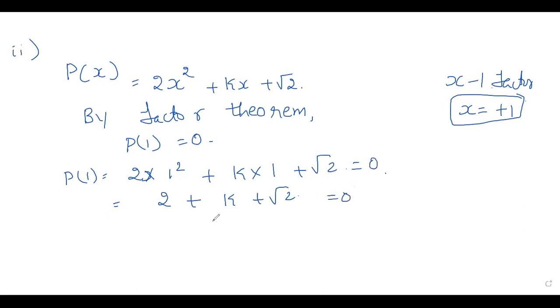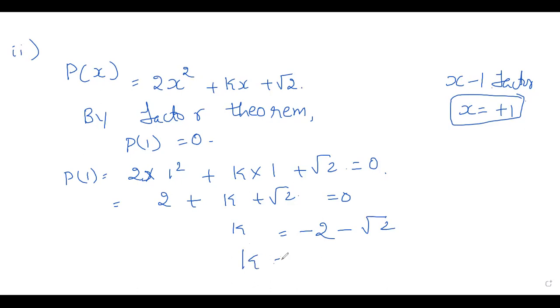Equate to 0, children. So k is equal to, I'm going to shift 2 and root 2 to the right side. Shift one by one. So I'm shifting plus 2 now, that is minus 2, and plus root 2 becomes minus root 2.